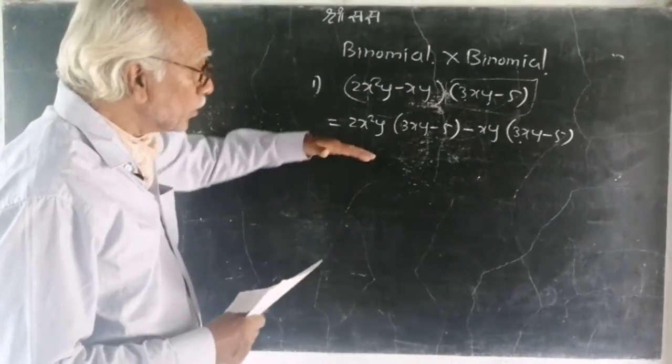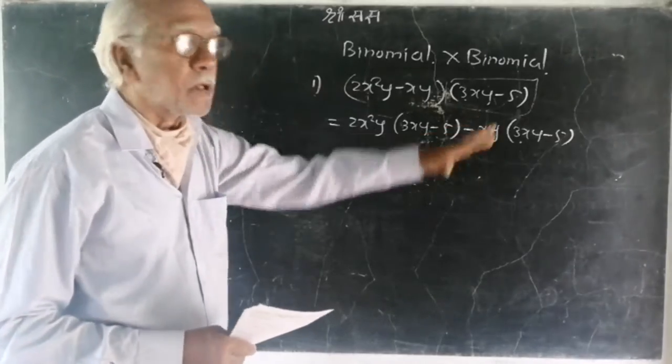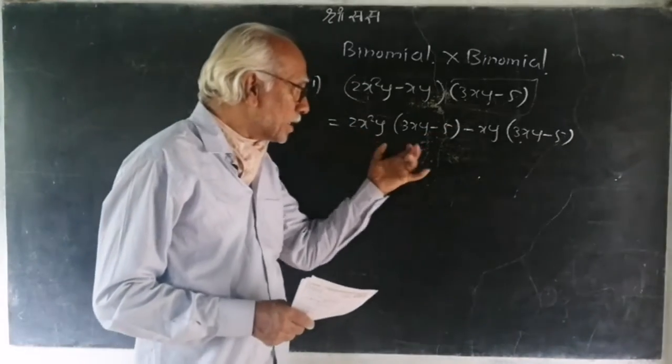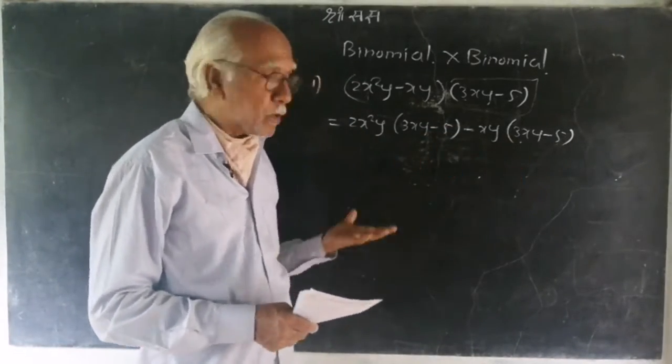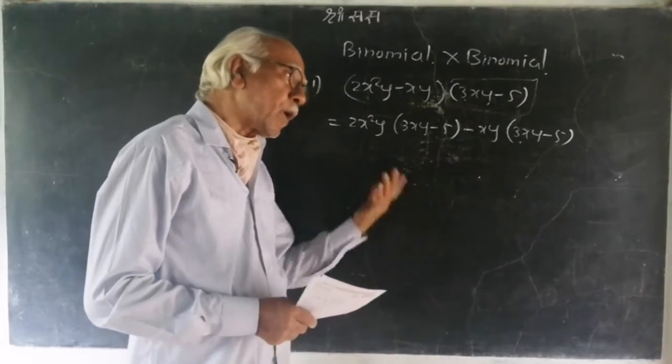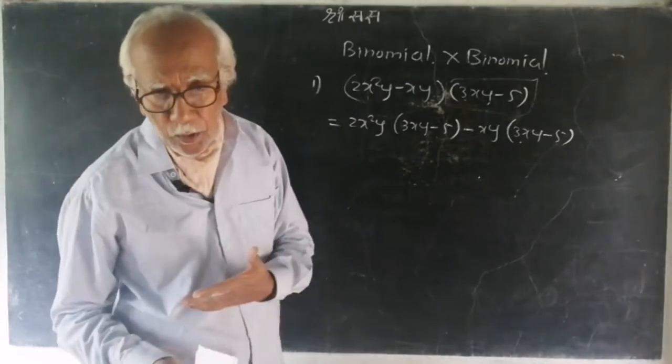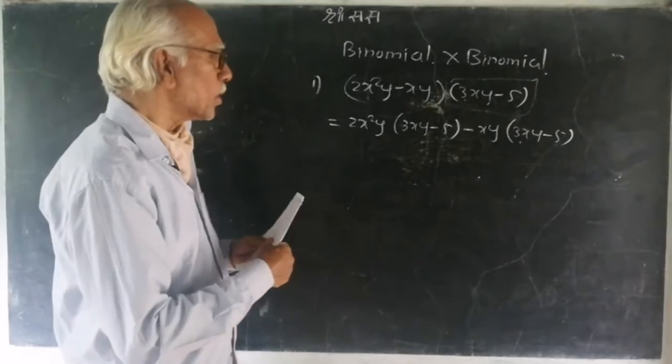So now it is reduced to monomial into binomial, two terms. Then what we have to do? We have to reduce it again to monomial into monomial.